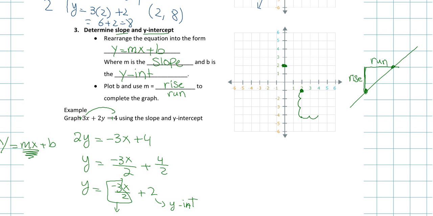I'm telling you, go down 3, 2 to the right. Are these 3 points lining up? Yes, they are. They're going to form a line, and this is the line that represents this equation.